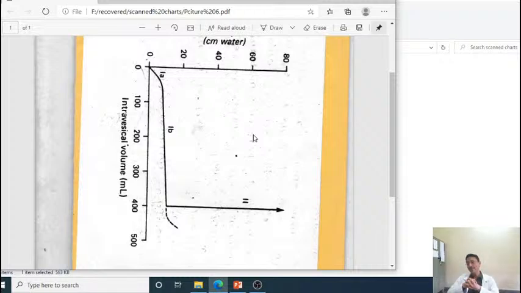So this is how the Laplace law explains these pressure volume changes, and basically it is meant to make you conscious at what level of urine in the bladder there is a desire to empty or void.